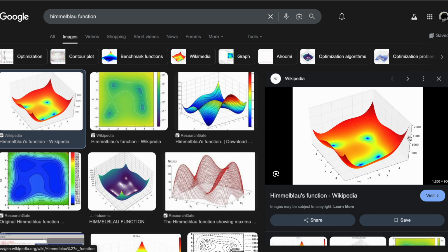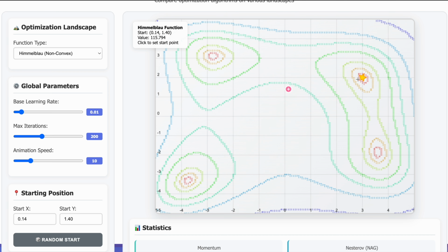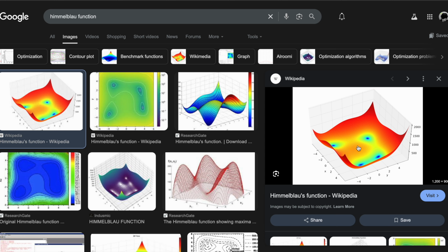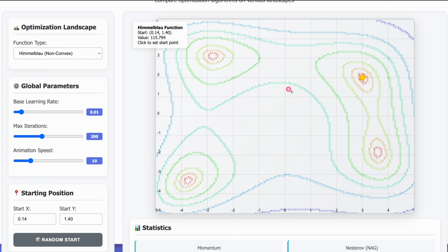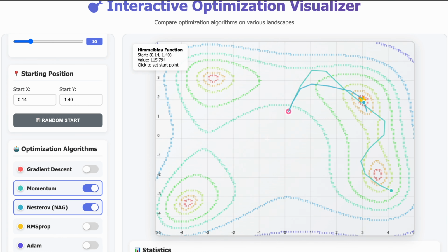The same thing from the top view is the contour, and here we have a global minimum. Here we are initializing the parameters, and if I start it, you can see that the dark blue momentum is escaping the global minimum.